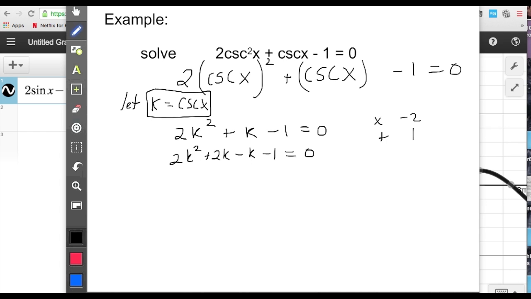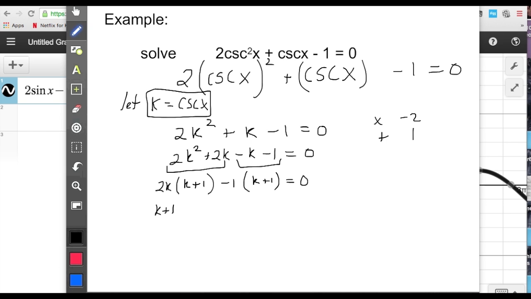Our next step to factor by decomposition is to do grouping between the two sets of terms and common factor. 2k comes out of the first set. What's left? A k plus 1. What's common here? A minus 1 comes out of those two. What's left? A k plus 1. K plus 1 is the common factor between these two. This comes all out.